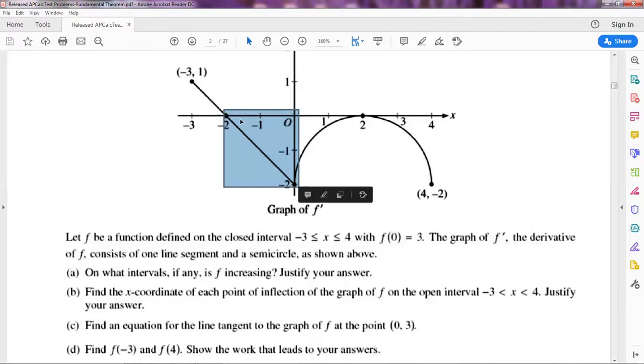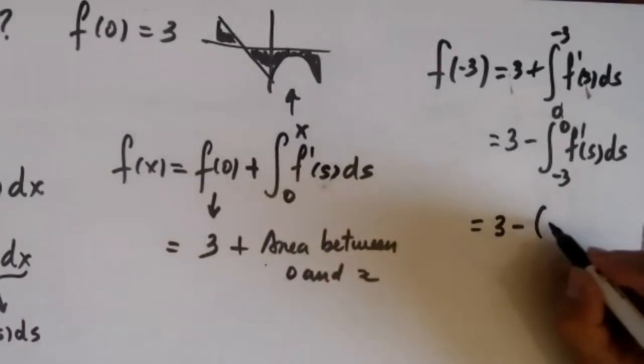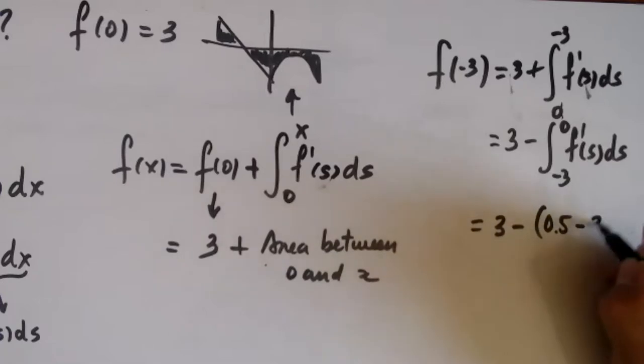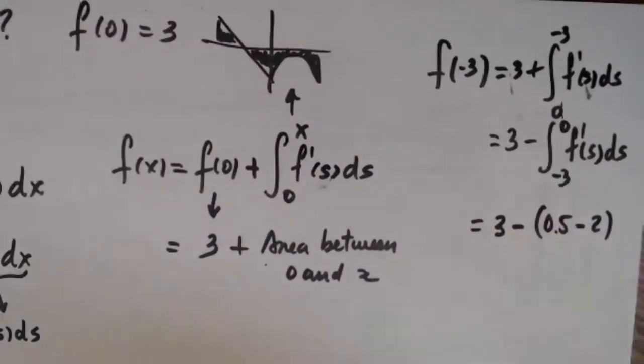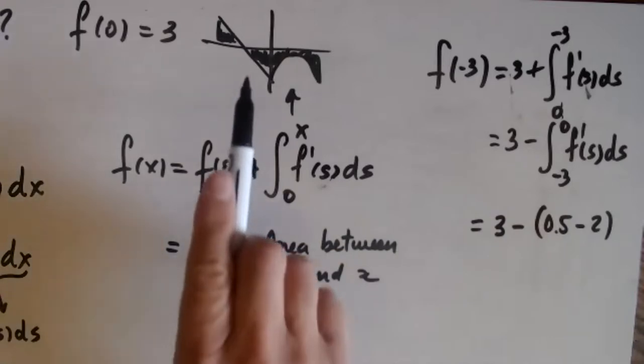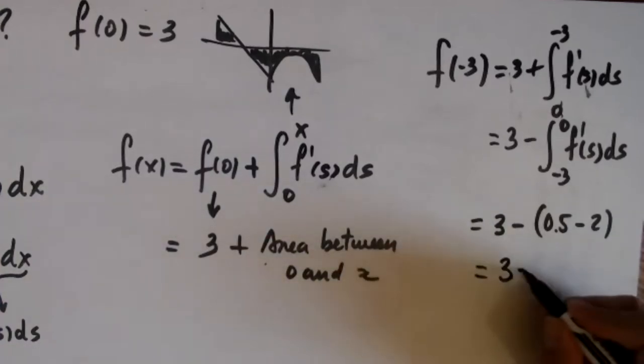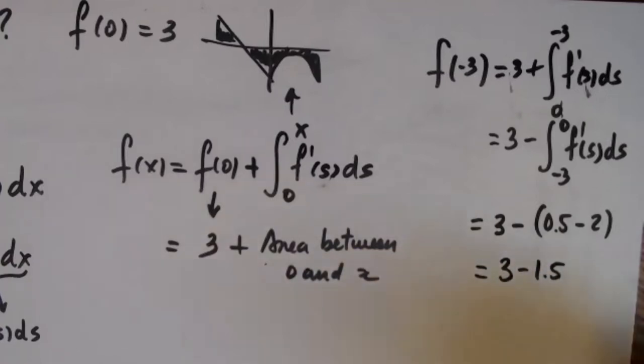This is 0.5 plus negative 2. So what I'm going to put here is 3 minus parentheses 0.5 minus 2, correct? The area of the first triangle above the axis, the area of the triangle below the axis. Remember, all the areas below the axis are negatives, and these ones above are positives. So how much is that? 3 minus 1.5. So it is 1.5, correct?